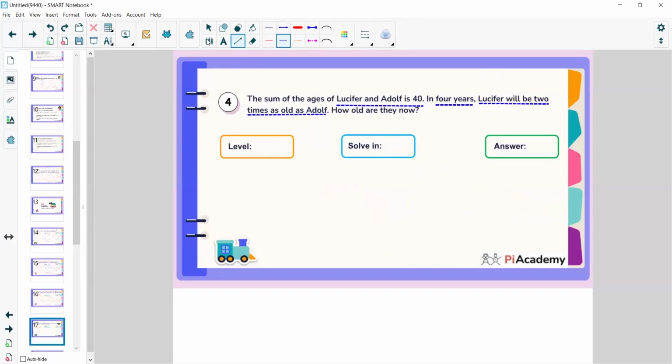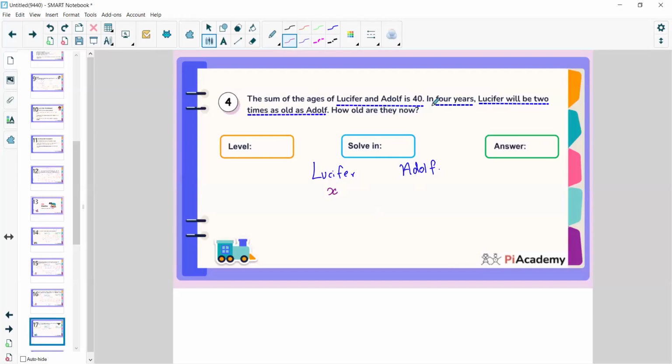Okay. So let's take it slowly. We have Lucifer and we have Adolf. Now, suppose if I assume Lucifer's age as x, can anyone tell me what will be Adolf's age? The sum of their ages, they add up to 40.